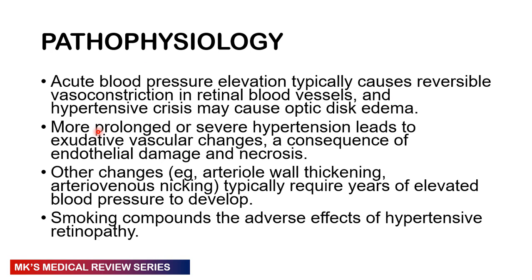With prolonged and more severe hypertension over a long period of time, there may be exudative vascular changes, as a result of endothelial damage and necrosis. Other changes may include arterial wall thickening and arteriovenous nicking, typically over years of elevated blood pressure. Smoking worsens the effects of hypertensive retinopathy.